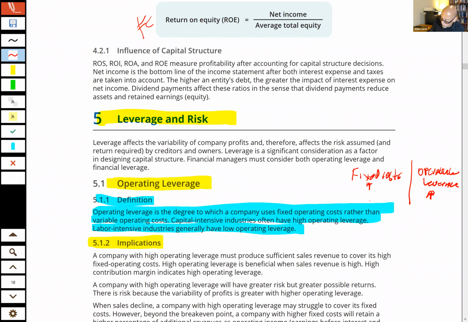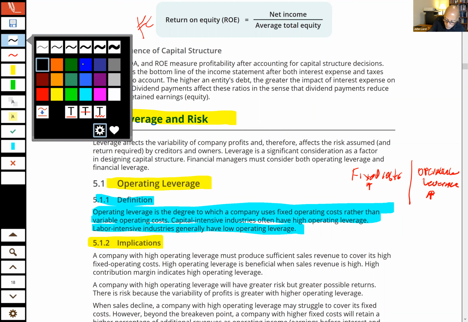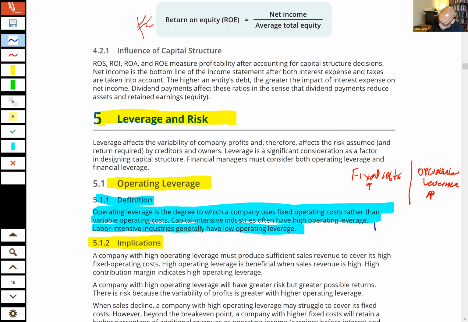If fixed costs are lower, then our operating leverage is lower.